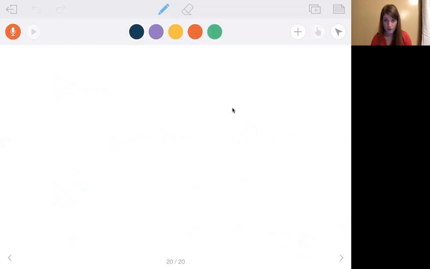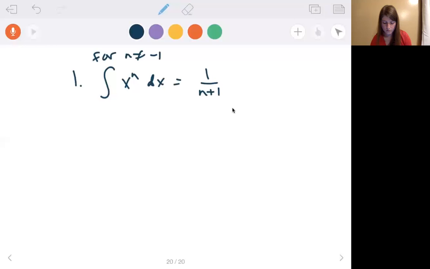Okay. I'm going to put all the rules back together, and then we have one other part that we want to look at. Power rule: add 1 and divide by the same power.